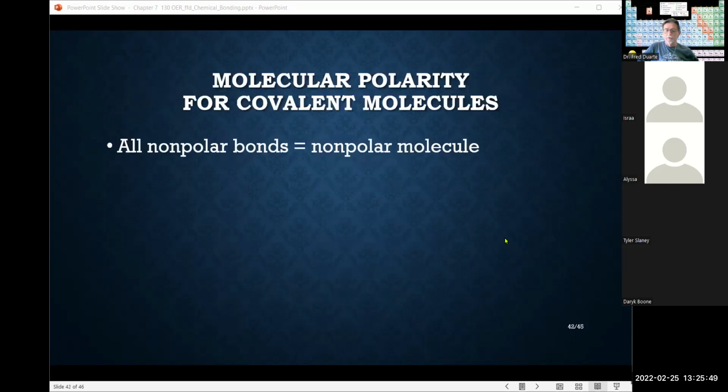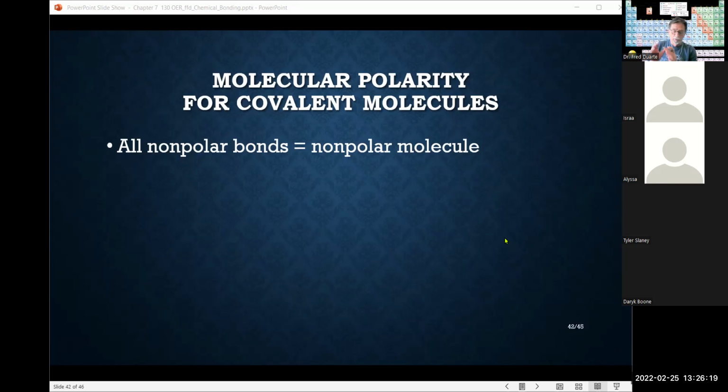All right, so once we identify the molecule, what we do first is we're given the formula. From the formula, we go to the Lewis dot structure, count up the valence electrons, come up with a geometry, okay, and a three-dimensional model of what we're looking at. And then we look at each individual bond and determine whether we got any polar bonds in there.